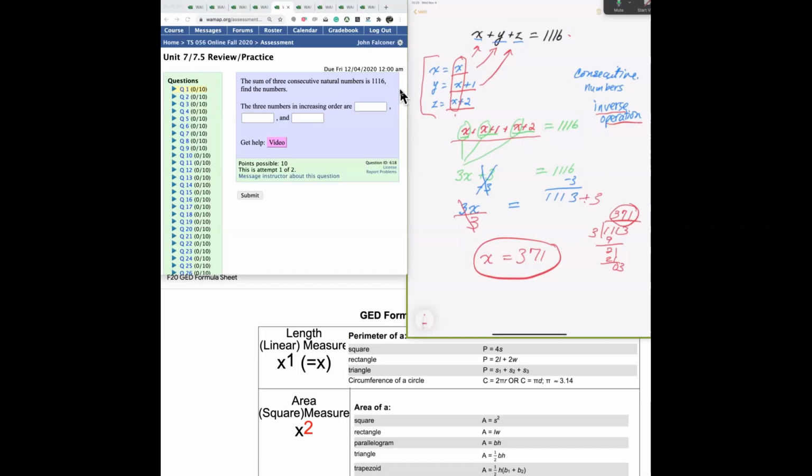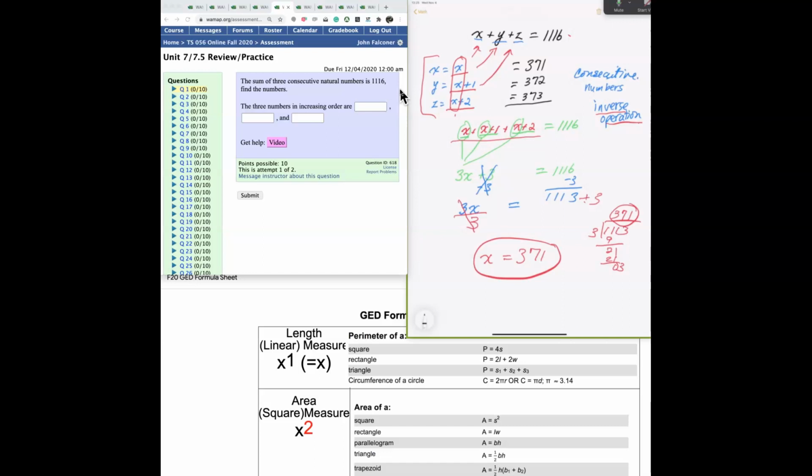So if we follow this pattern, x is equal to 371. And y is equal to x plus 1. Well, that's got to be 372. And z has to be equal to 373. That's x plus 2. And then when we add all these together, we should get 1,116. So we can prove that this is the correct answer, if it is.